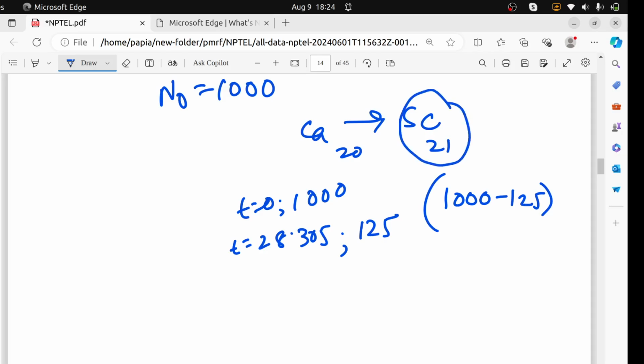So how much has converted? 1000 minus 125, so it will be 875. That much calcium atoms have already changed to scandium 2140.